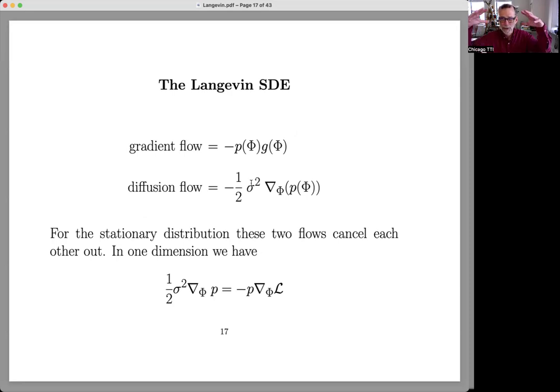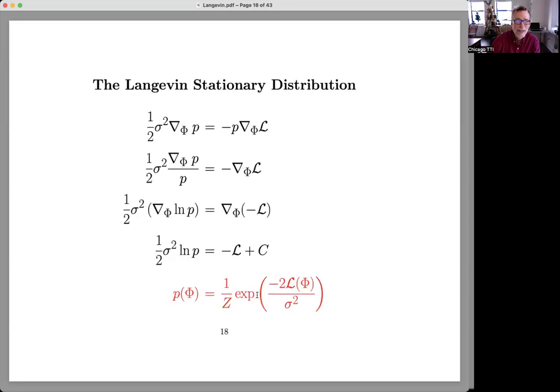Say gravity pulls the perfume toward the floor, but then you get a gradient in the density, and the diffusion process will push them back up. When those two flows are equal, we get a stationary distribution. So we can write down the equation that says these two flows are equal, and then we can solve it, right? This is the equation saying the two flows are equal.